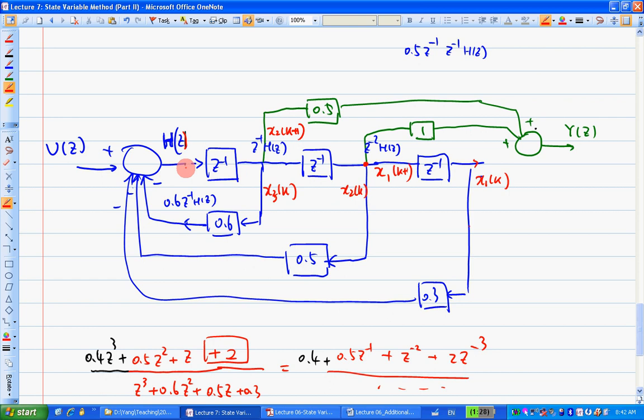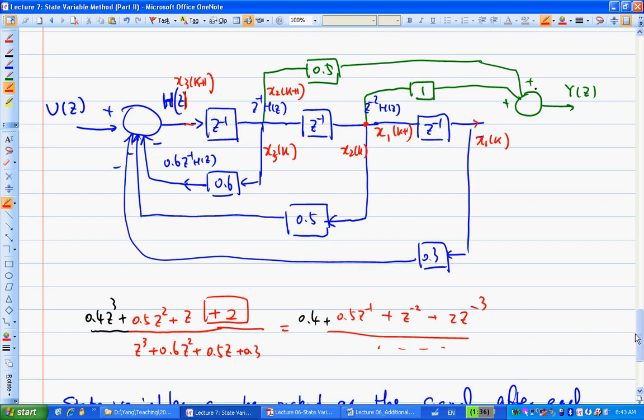At the same time, over here, that's x3 of k plus 1, right? So now you have the location of x of k plus 1, you have the location of x of k. So we're ready to derive the state space equation.